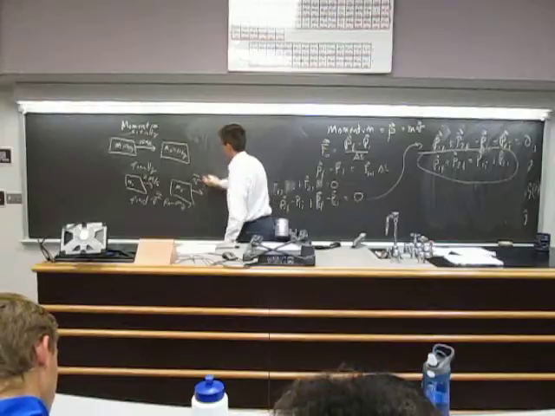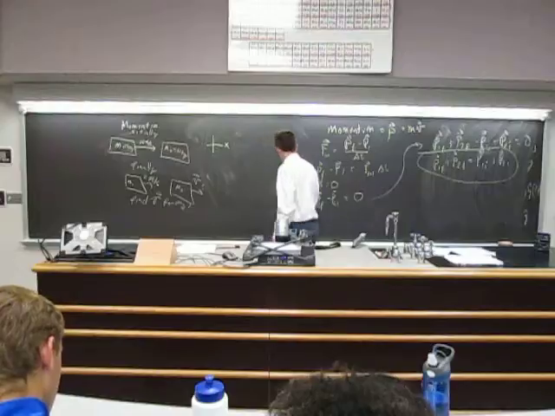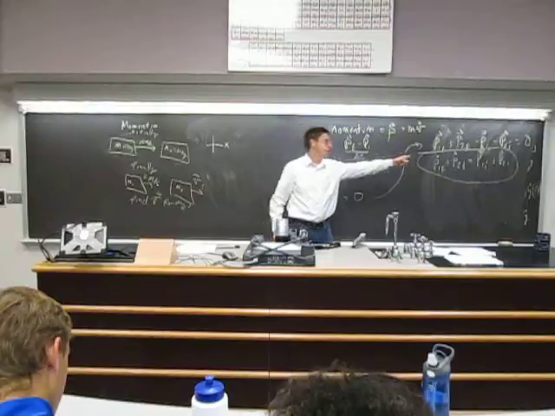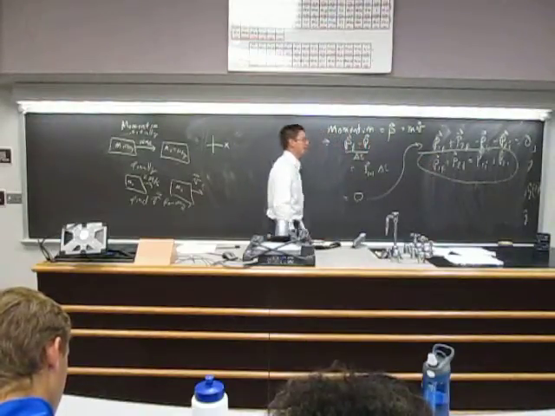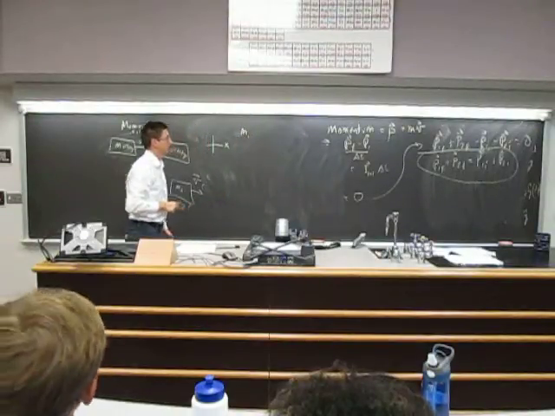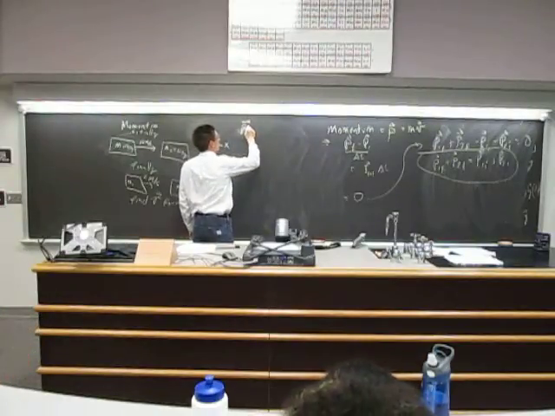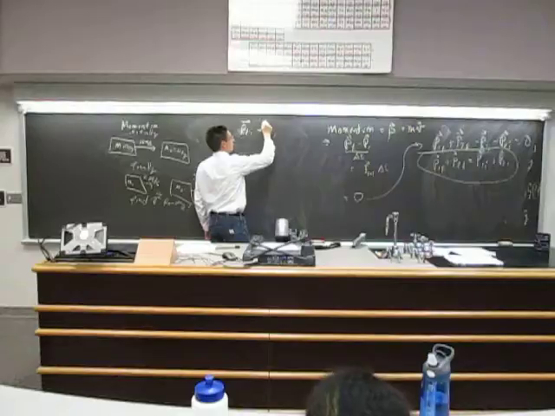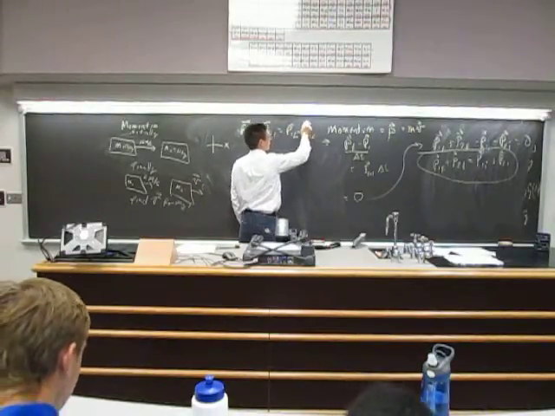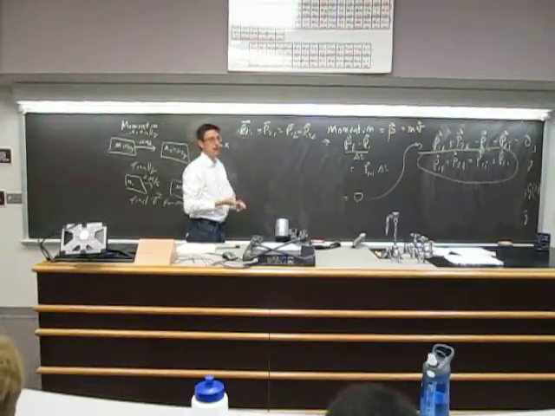So we'll do this in gory detail for this first one. Let's say we introduce our X and Y coordinate system. We're dealing with vectors here. I'm just going to use this equation here. P1 initial plus P2 initial is equal to P1 final plus P2 final. By definition of momentum, it's just mass times velocity.